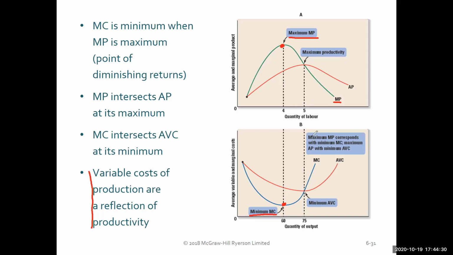Okay, so what about the maximum of average product? Well, that's what we said, we're at our maximum productivity at a labor use of 5 and an output of 75, our average variable cost reaches a minimum. So that's also the point of maximum productivity. So now you can actually look at cost curves and find maximum marginal product, which would be right there.